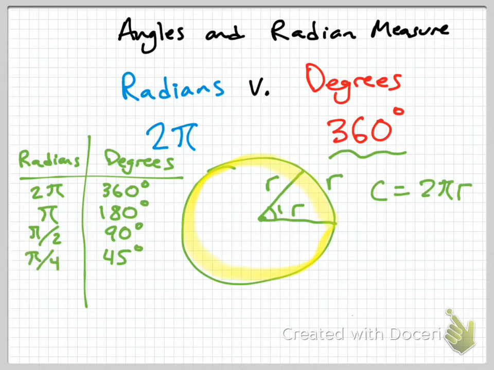The other key angles we're going to focus on in trigonometry, your core angle measures, are 60 degrees and multiples of that, and 30 degrees. Basically all multiples of 30 degrees.